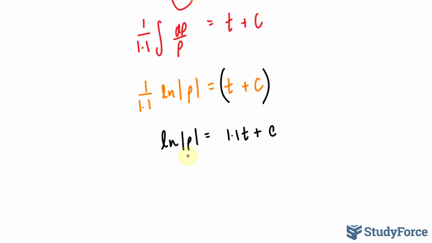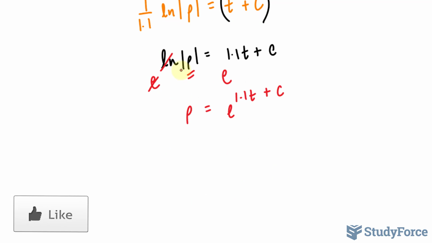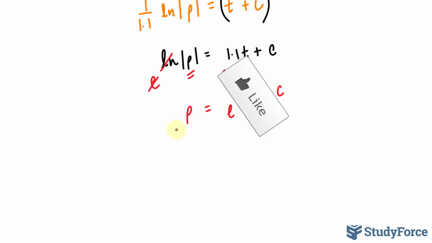Next, I want to solve for p because, remember, they want a function for p with respect to t. To get p isolated, I'll raise both sides to the base of e. This goes away, giving me p is equal to e to the power of 1.1 t plus c. Now, because originally that p had the absolutes around it, and now that it doesn't, what we have to do is write down plus minus on the right side, just to indicate that we don't have these absolutes anymore.